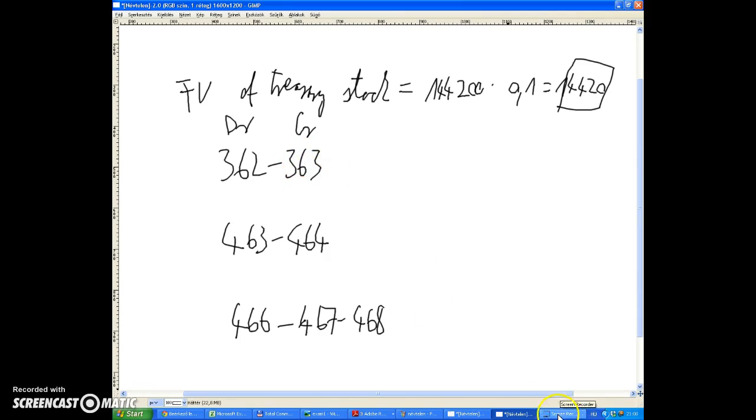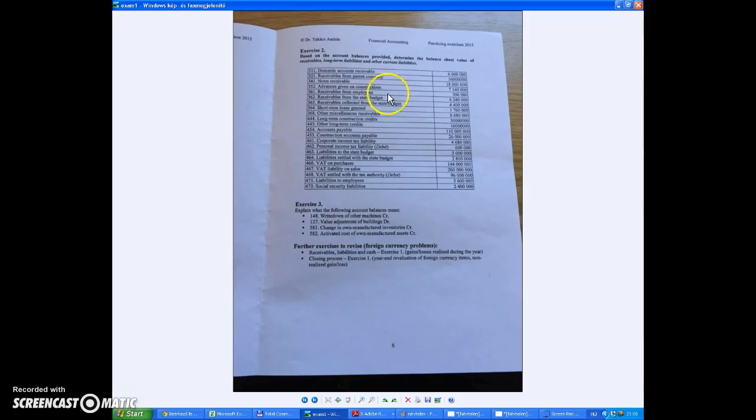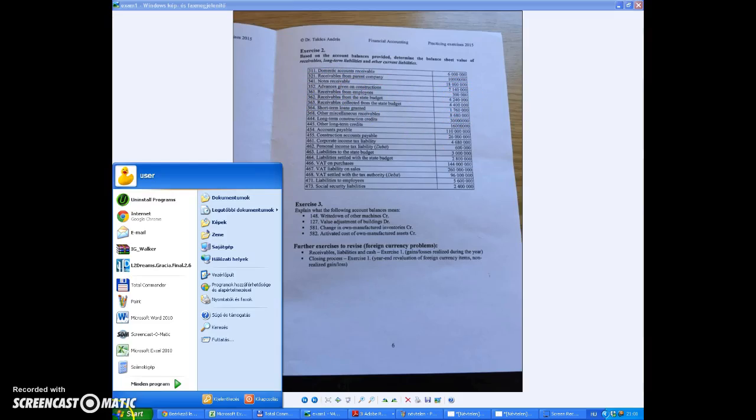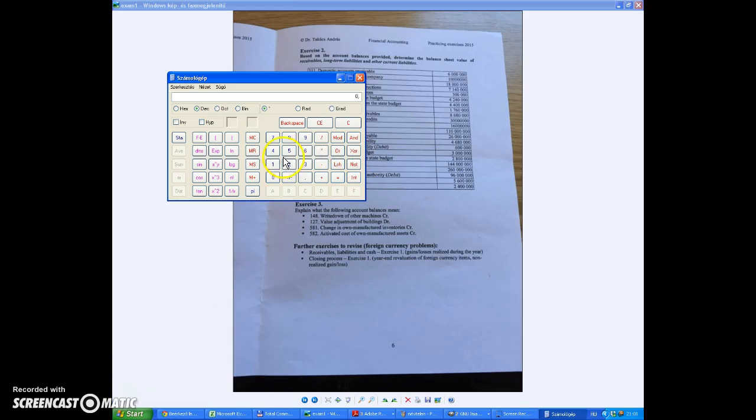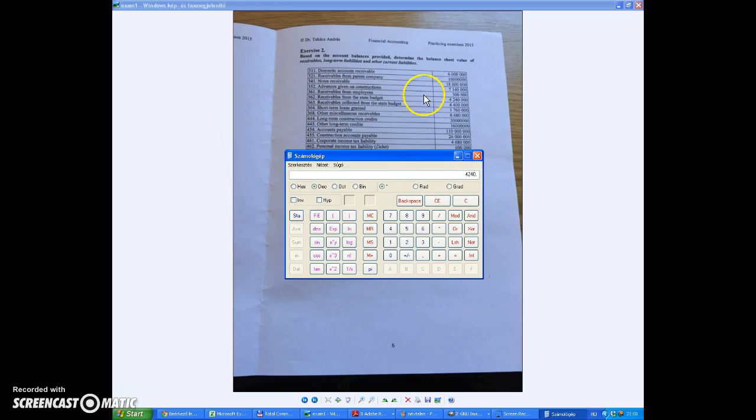So let's see what we get if we check that. 362 minus 363, and here is a trick, because if we subtract 363 from 362, we get a negative number. As a result, the balance of these two accounts goes to other current liabilities.